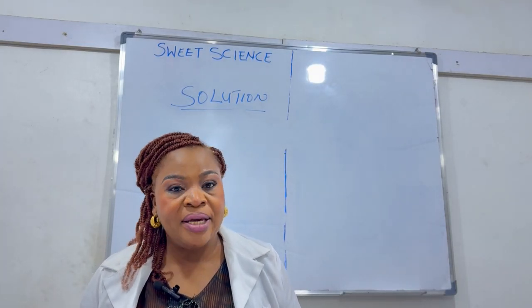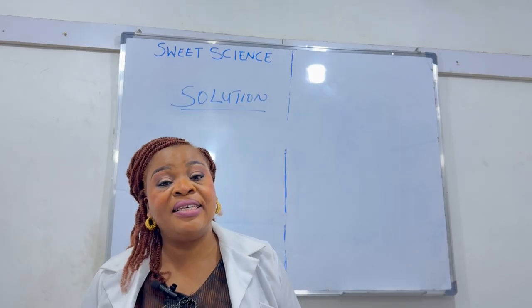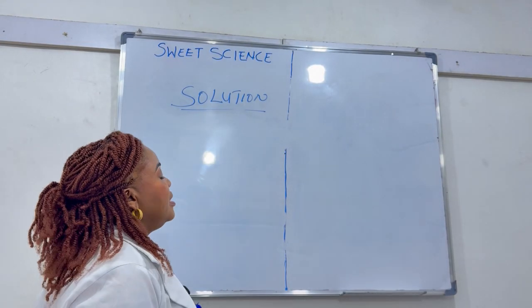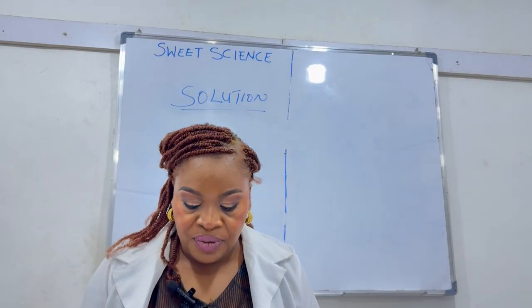Calculate the power input. G is given as 10 meters per second squared. WAEC 2000. This is the theory aspect of the question.